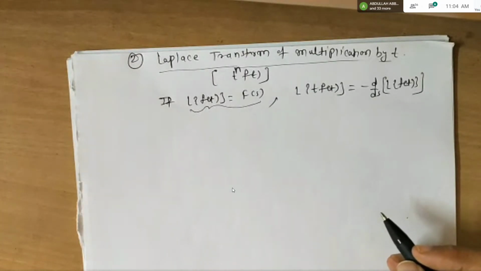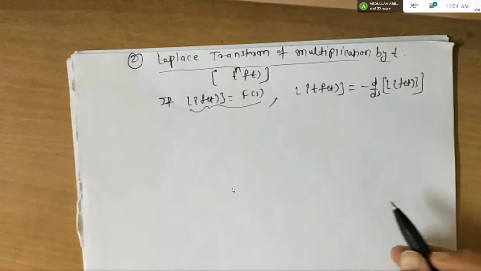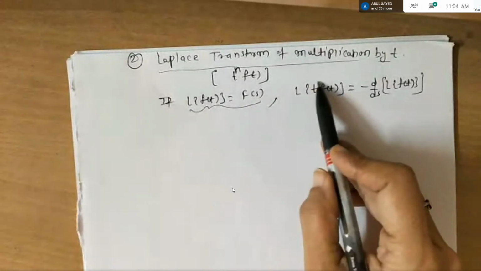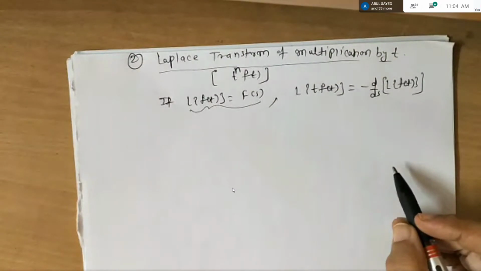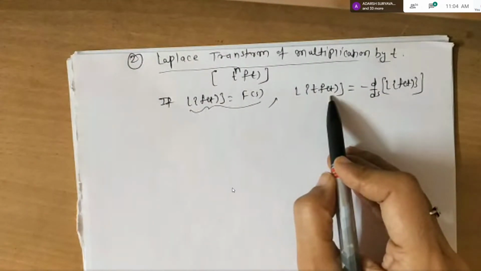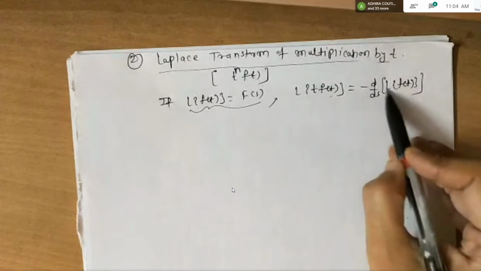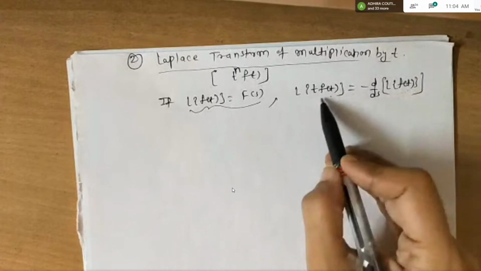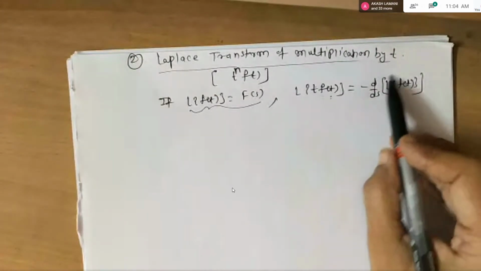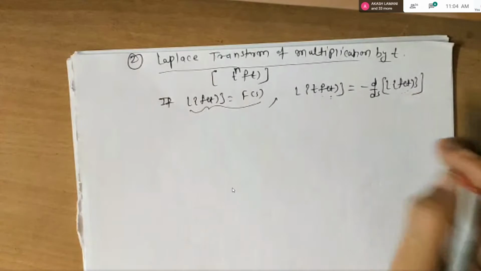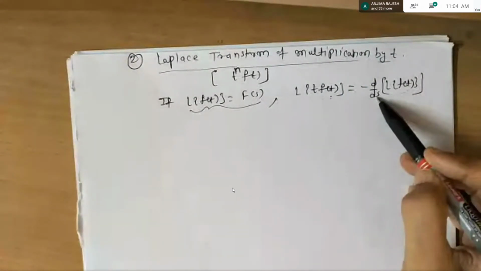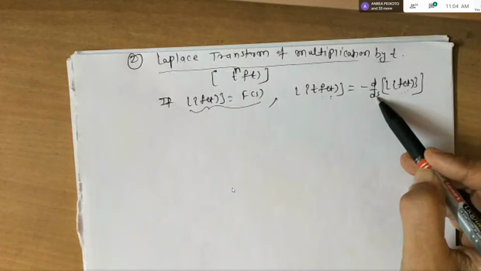But looking at the formula itself, you will come to know that, like the previous formula where we ignore the e raised to term, here you have to ignore t. And what you do here, you find Laplace transform of the other function. f of t is the remaining function. Find Laplace transform of that function, and whatever answer you get, you find its negative derivative with respect to s. That's all.